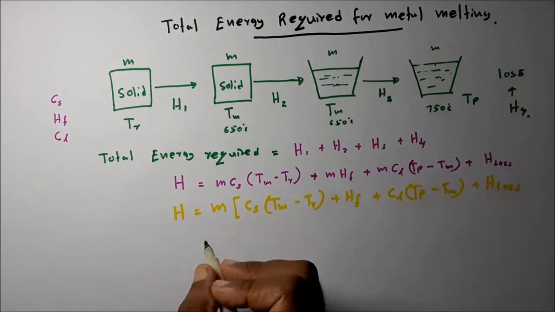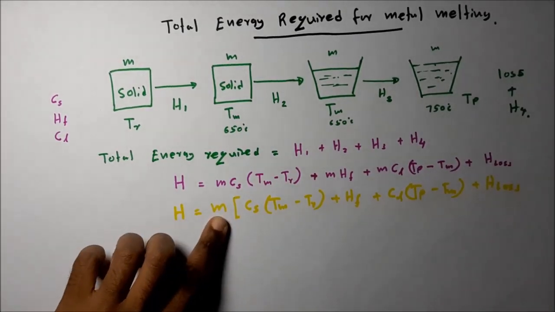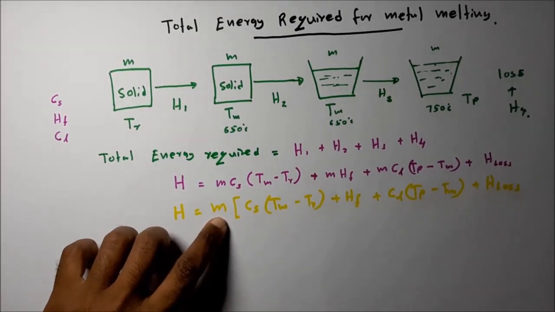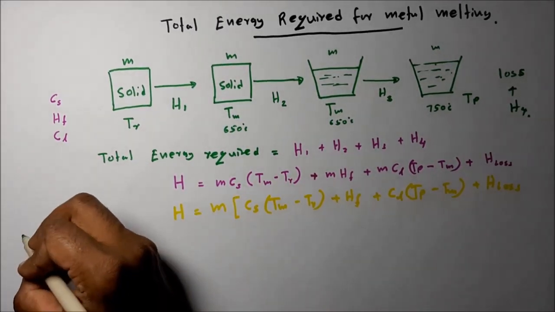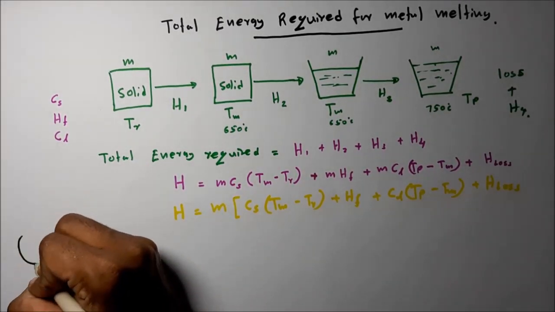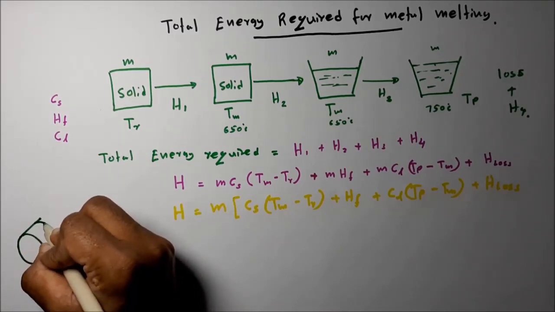Here, instead of finding the mass, we can easily find the volume of the part we are going to cast. For example, if you are going to manufacture something, this is the product we are going to cast.